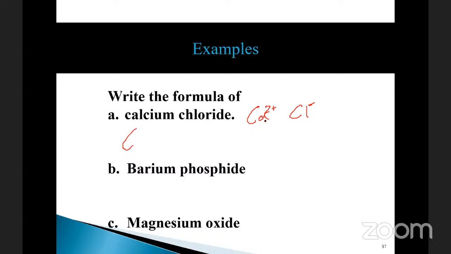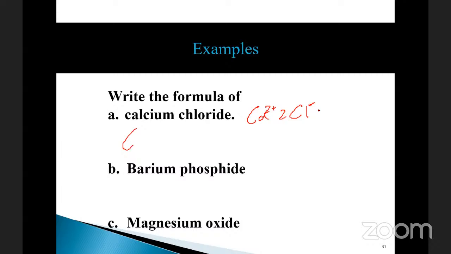So as I said before, the total number of positive charges must be equal to the total number of negative charges. As we have it right now, that's not the case. We have a 2+ charge here, and we have a -1 charge here for the chloride. So what I would do is put a 2 here. By doing that, that would double the charge for the chloride from -1 to -2, which will exactly cancel out the 2+ charge on the calcium ion.